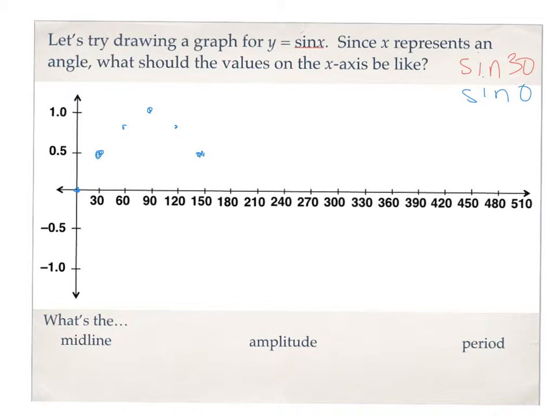And you can start to see what's happening here, right? 180 is going to be 0. Now we wonder what's going to happen, and spoiler alert, it's going to go down into the negatives. If we take the sine of 210, I get negative 0.5. And I bet I'm going to get negative 0.866, negative 1, negative 0.866, negative 0.5, 0, and it's just going to keep going like that.